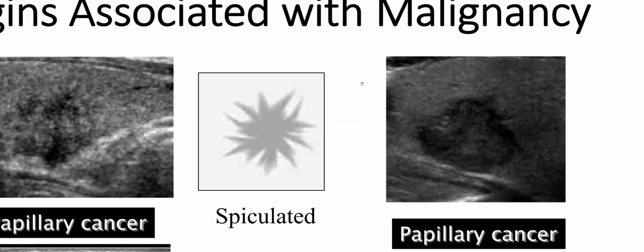Here is another one which has these lobulated, large infiltrating borders. And this is a very hypoechoic nodule, which is very indicative of papillary thyroid carcinoma.